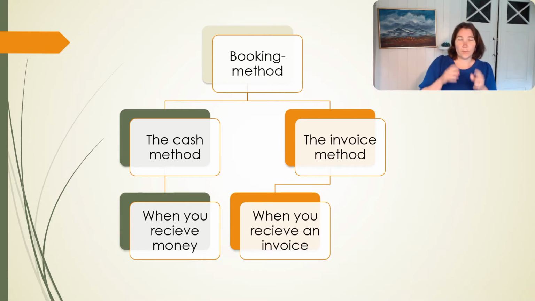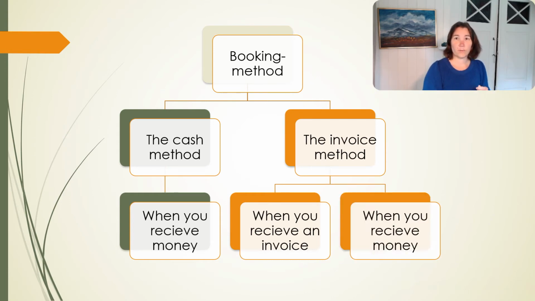So you book the invoice when you receive the invoice or when you send the invoice out. And you also book when you receive the money or when you pay the invoice. So this is the big difference between these methods. With the cash method, you only book in the bookkeeping once. With the invoice method, you do it twice, when you receive an invoice and when you pay the invoice, or vice versa.